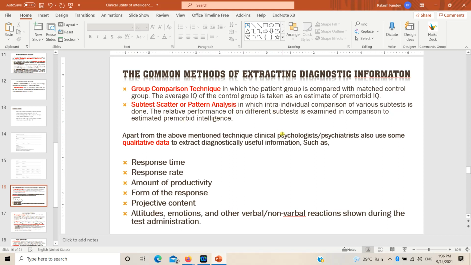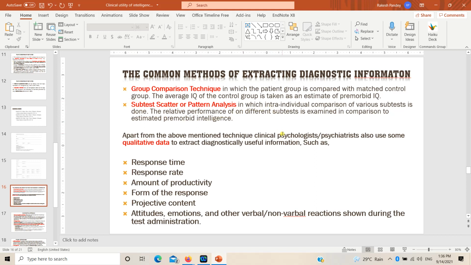And the relative difference in the performance on different subtests compared to some estimate of premorbid intelligence is taken as an index of psychopathology. The higher the difference, the higher the scatter from premorbid IQ, the greater the chance that the individual is having psychopathology or brain damage.